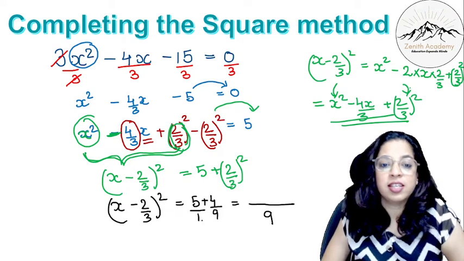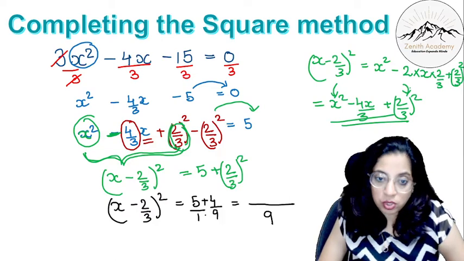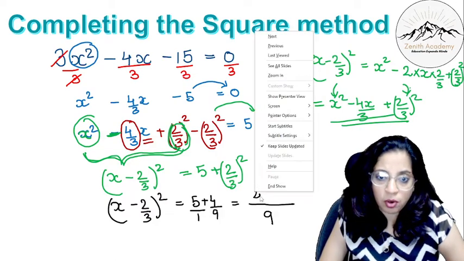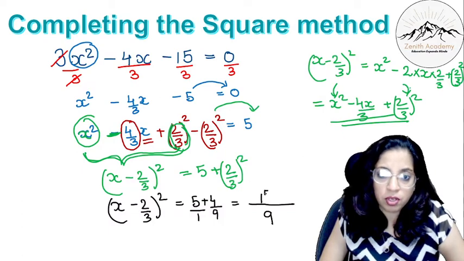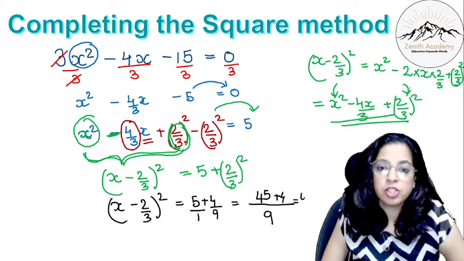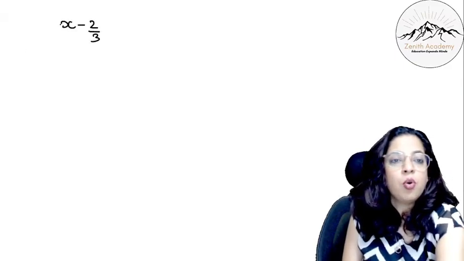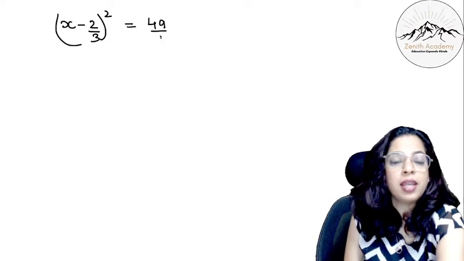If there is nothing, there is 1. So here there is 9. So 5 nines are 45. So this will be 45 plus 4, which is 49 by 9. So let's write it: x minus 2 by 3 whole square is equal to 49 by 9.